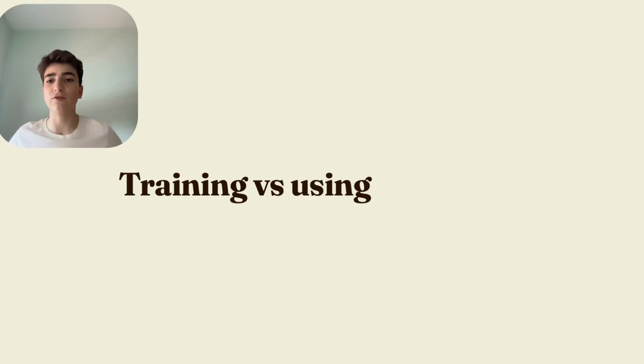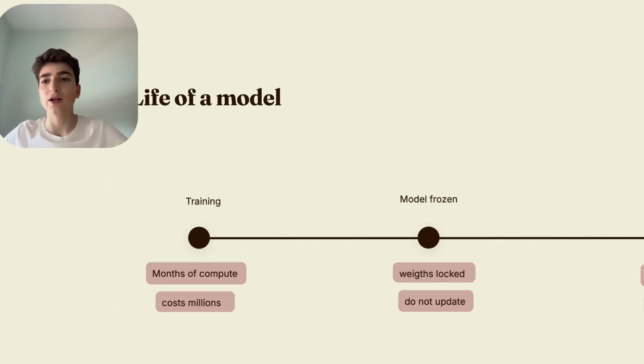So now the difference between the two phases that AI models, LLMs, go through: training versus using. This is the life of a model, of a large language model, like for example Fable 5. It starts with the training. Months of compute that costs millions.